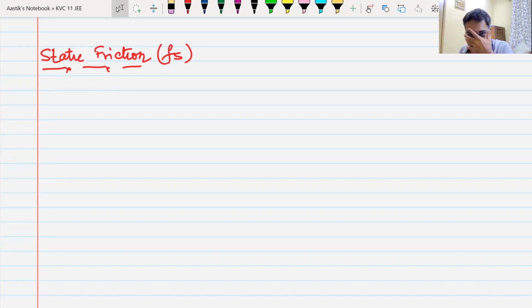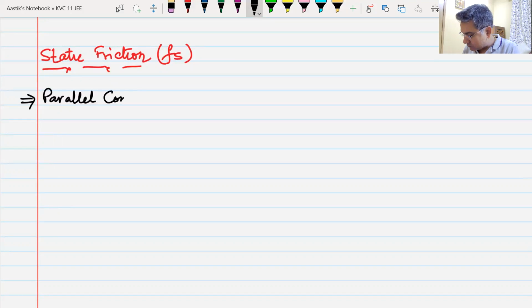Now let us understand what is static friction. Now again, this is coming from the contact force. This is the parallel component of contact force. We can't change it. So the first point that you will remember about this is the parallel component of your contact forces.